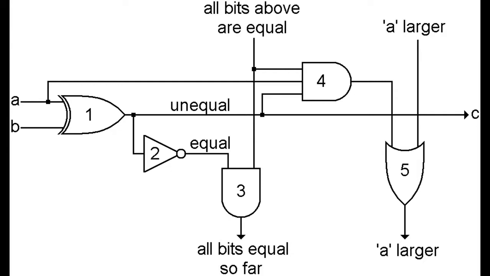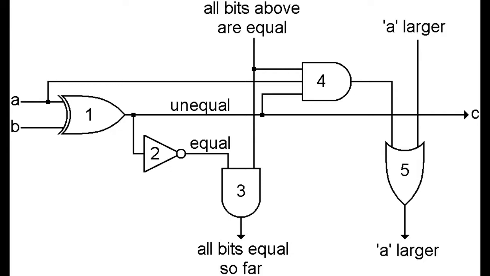So that's what gate number 4 is doing. That's a 3-input AND gate. It says if everything I've seen so far is equal, and A is 1 and B is 0, then A is larger than B.